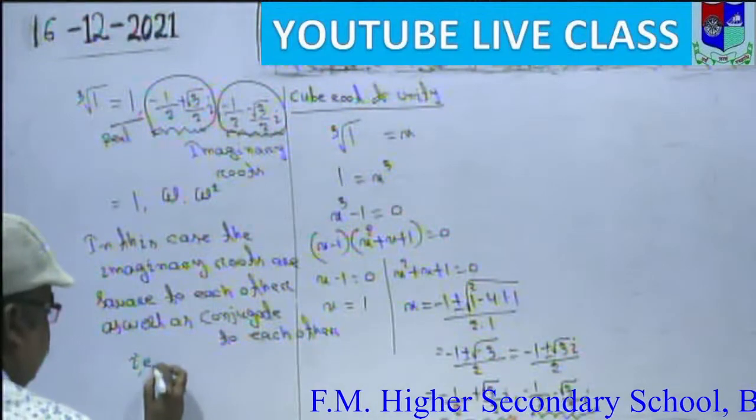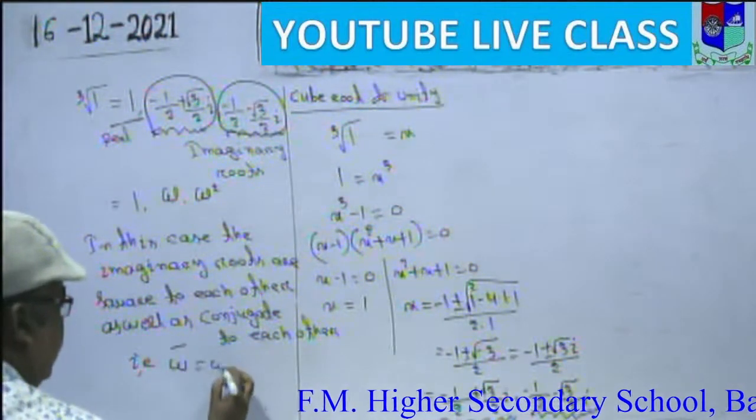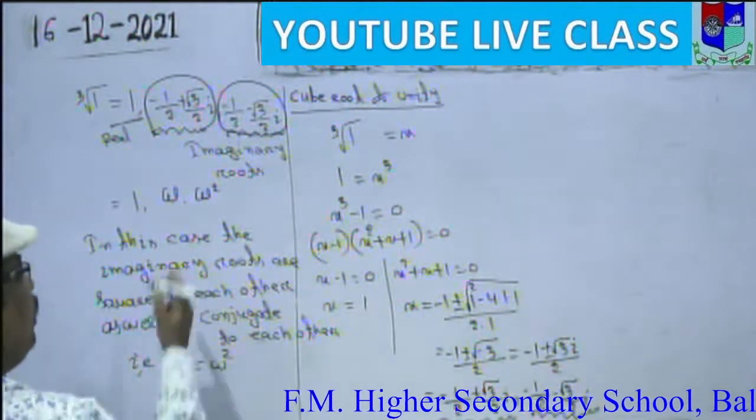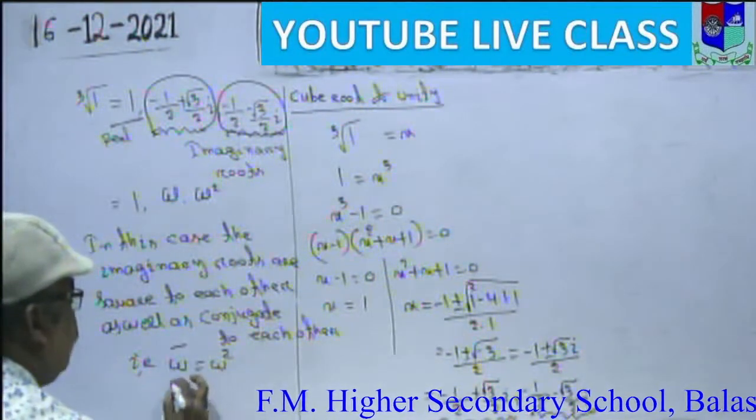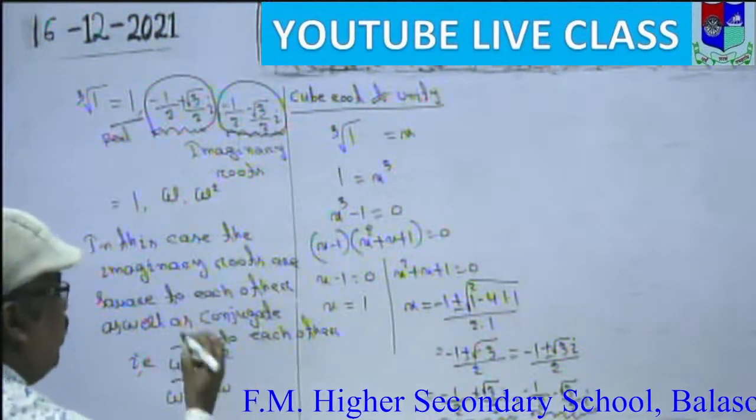That is, omega conjugate is omega square. Similarly, omega square conjugate is omega.